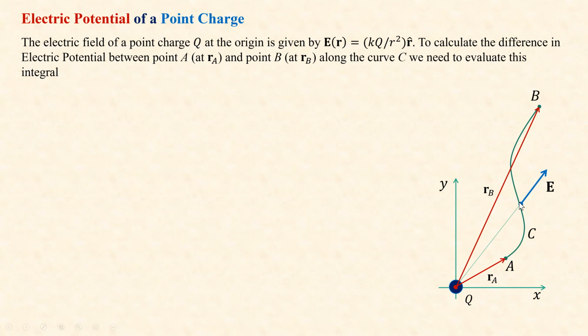And this is the electric field along the path C. So we need to evaluate that integral. Delta V is equal to VB minus VA is equal to negative integral from A to B of E dot dr. All right. So we take dr at any point and we perform the integral.